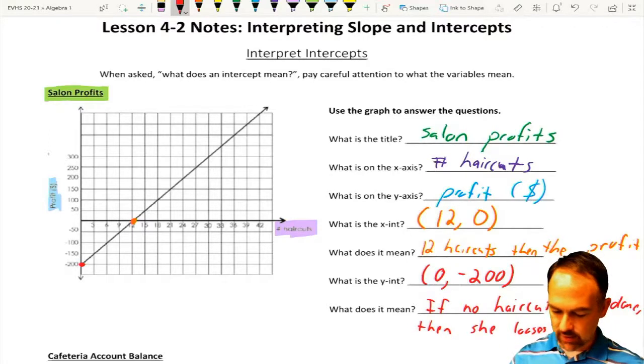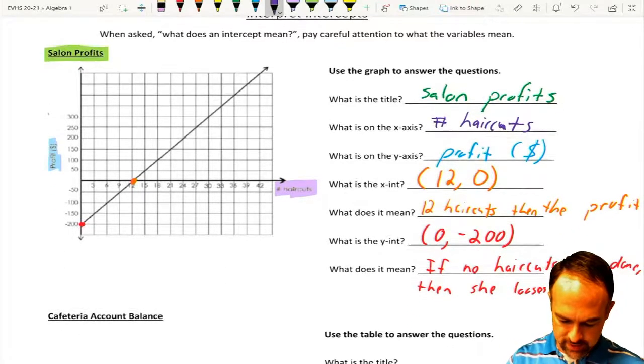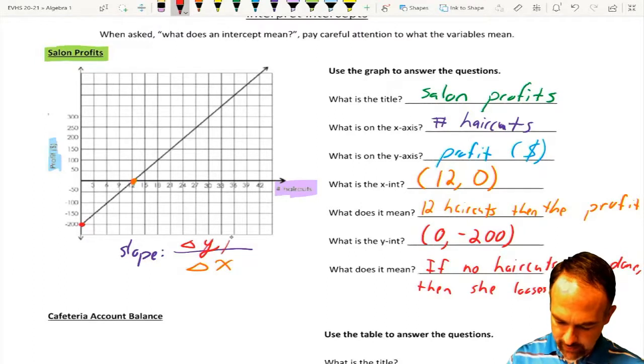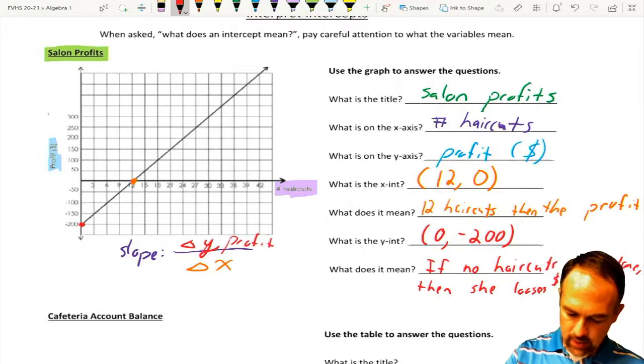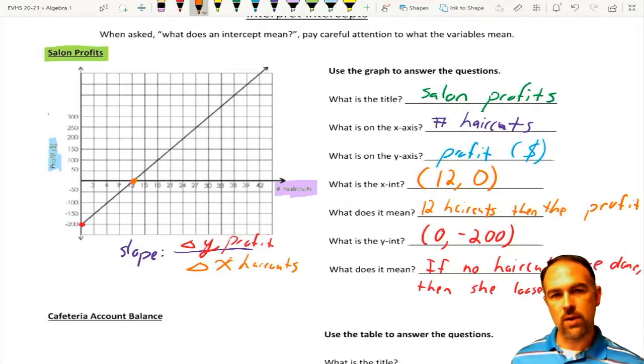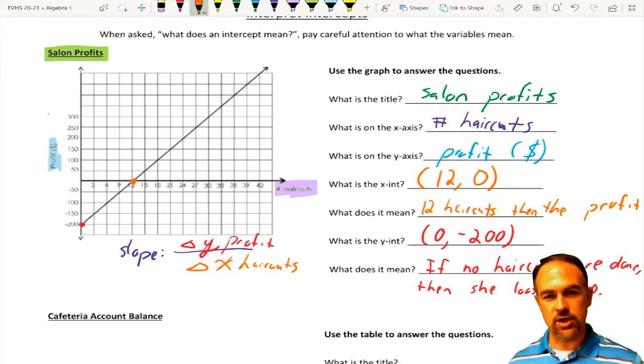Okay, so now it's not on here, but I also want to talk about what the slope means. If you remember, slope is the change in y divided by the change in x, which in this case, the y is profit and the x is haircuts. So it's the change in profits divided by the change in haircuts.